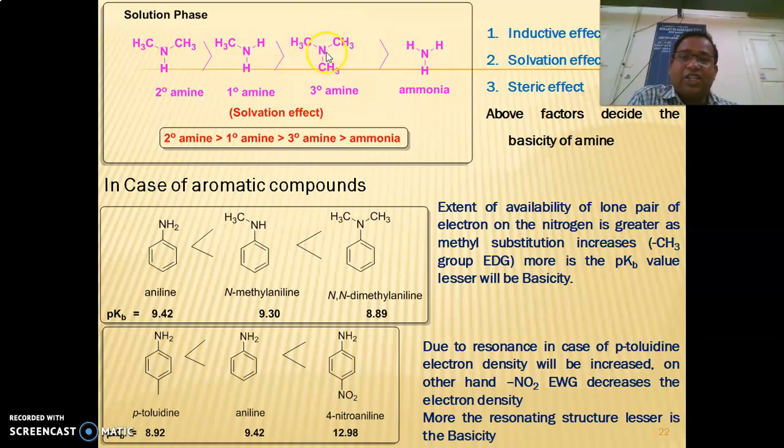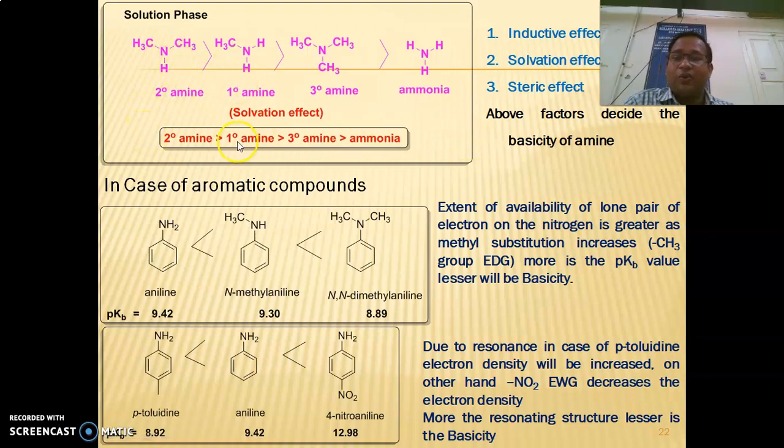In the case of the tertiary amine, due to steric hindrance and the solvation effect, there is less hydrogen bonding, so this molecule is less basic in the solution state. In the gaseous state the tertiary amine has the greater effect, whereas in the solution state it has lesser basicity compared to the primary amine and the secondary amine.